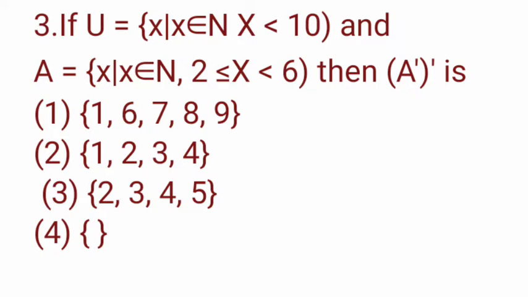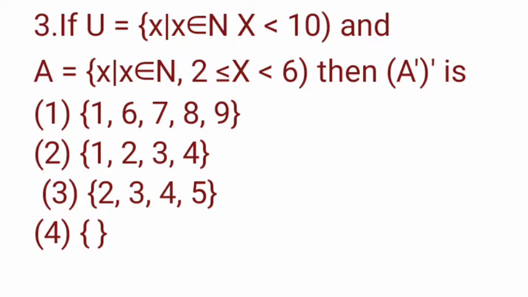That is U minus A. Now cancel the elements 2, 3, 4, 5. The remaining answer is 1, 6, 7, 8, 9. That is the answer. But we want A dash, that is the question.